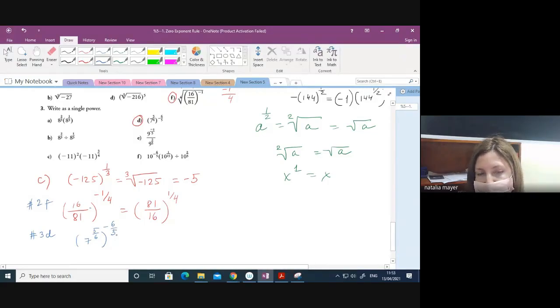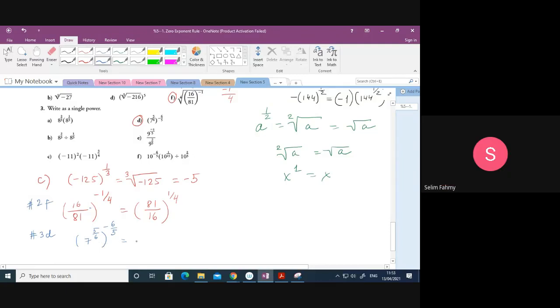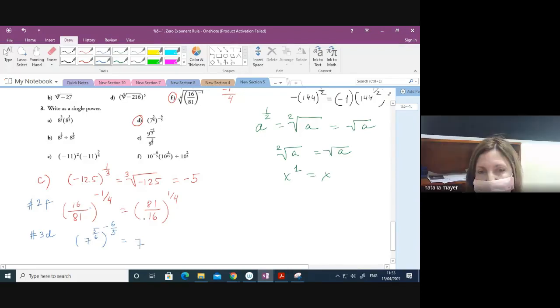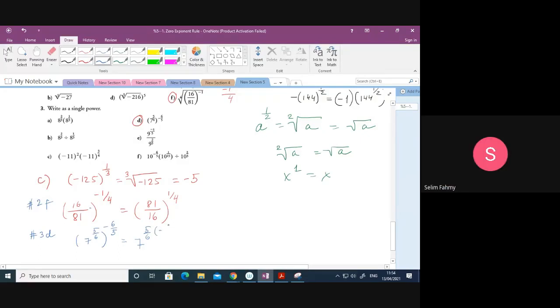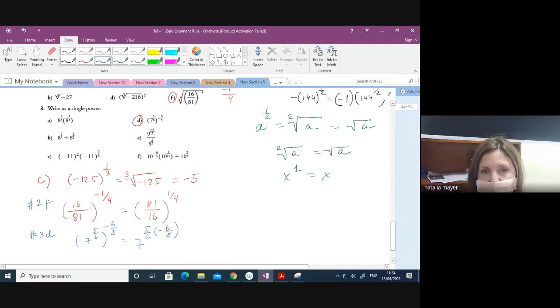Tell me, what are we going to do to the exponents in this question? Since it's a power over power, what should we do to the exponents? Multiply. We are going to multiply them. Miss, I thought we were going to distribute the exponent into everything in the bracket.